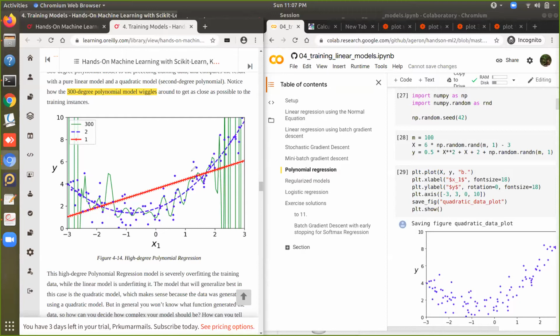Similarly, what happens with 300 dimensions? We are adding extra dimensions to the problem as synthetic features. It tries to capture everything in the data and follows the data points exactly. Though some things are missed, it follows the patterns, curves and hinges, capturing as much detail as possible.